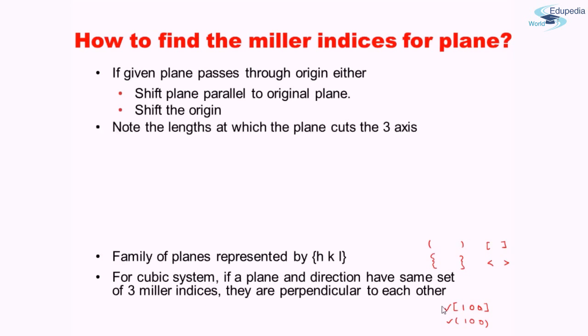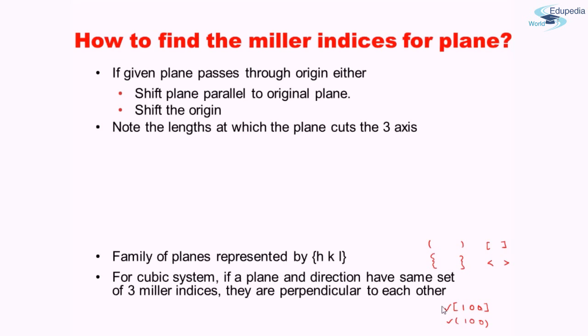Next, note the lengths at which the plane cuts the three axes. As I have said, there will be three axes corresponding to the three coordinate axes, and the plane will cut the three axes somewhere. You need to note the length at which it cuts each axis.